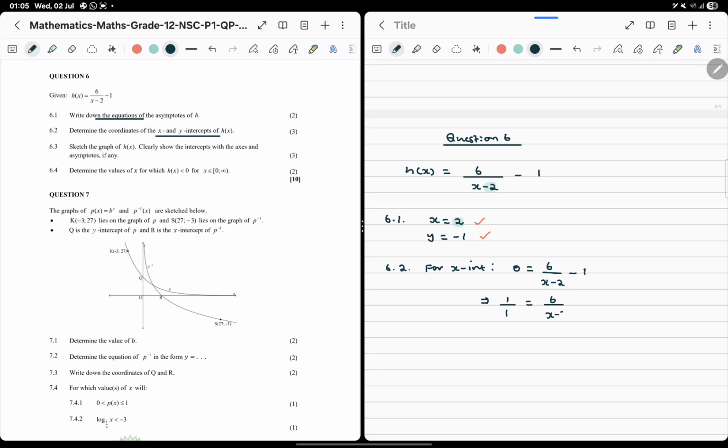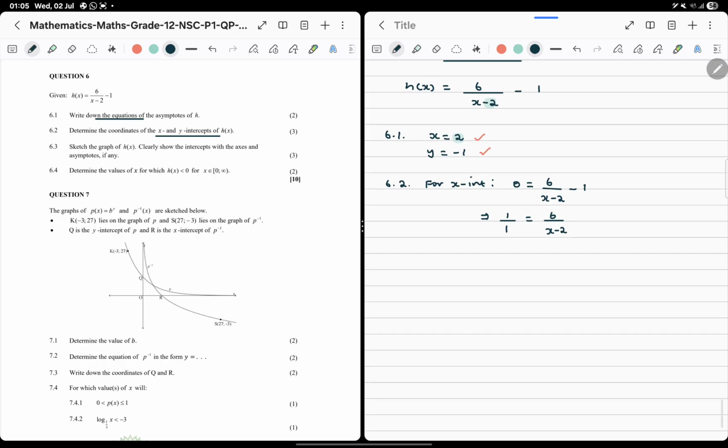It is a rational function after all, isn't it? So what do we do now? We cross multiply. So we get x minus 2 equals 6. Therefore, x is 8. Therefore, our x-intercept is going to be 8 and 0.